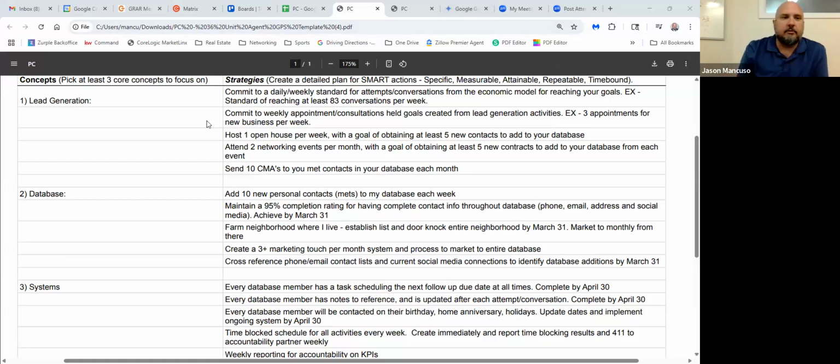But generally speaking, at baseline, my belief of this business is that you need to lead generate to a database systematically, right? So starting off in the business, and really at all times, I could see this plan playing out permanently, to where the core priorities are always lead gen, database, and systems.